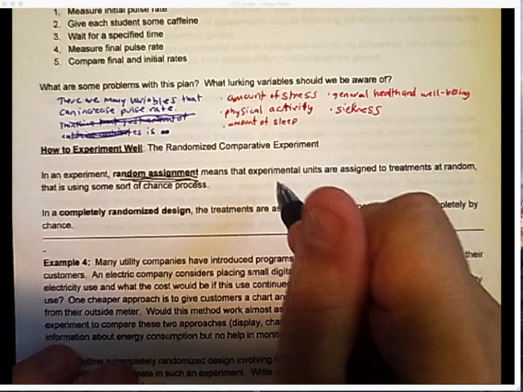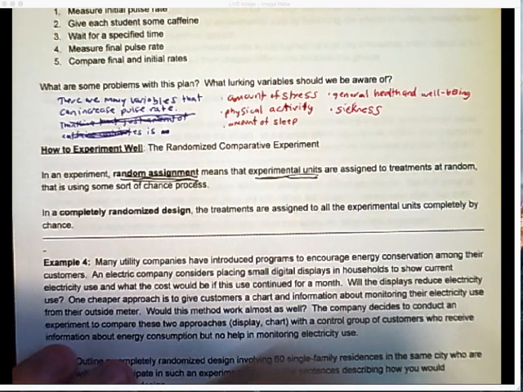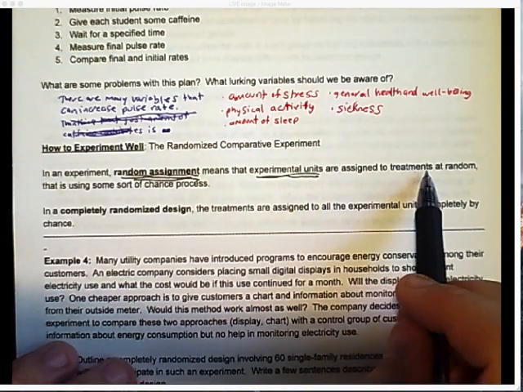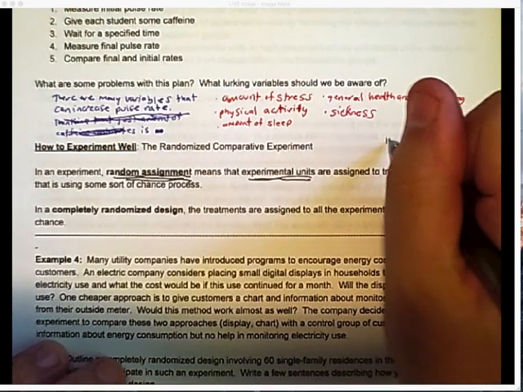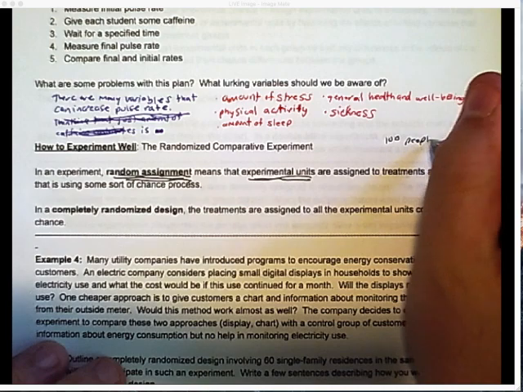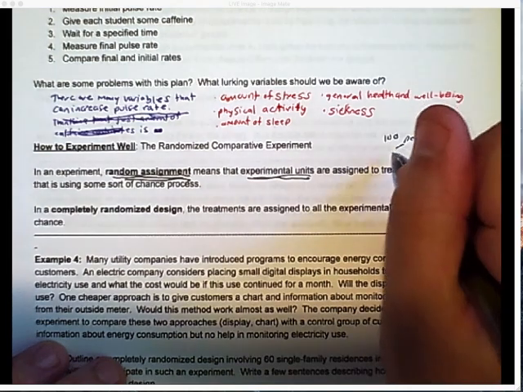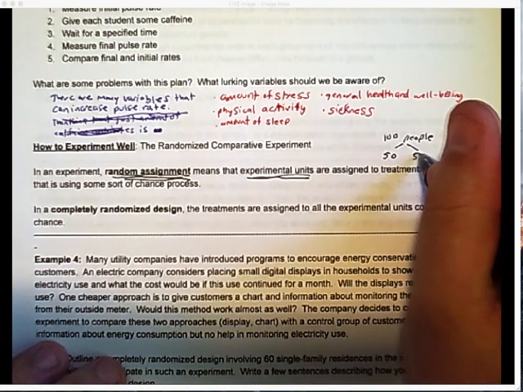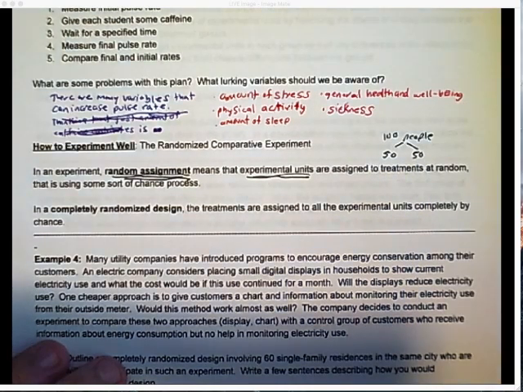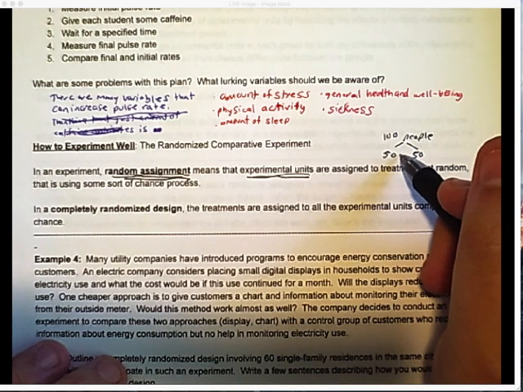That means that experimental units, or people in most cases, are assigned to treatments at random. So let's say that you have like 100 people, for instance. At random, you need to put 50 into your experimental group, and 50 into your control group. But you have to pick these people at random.